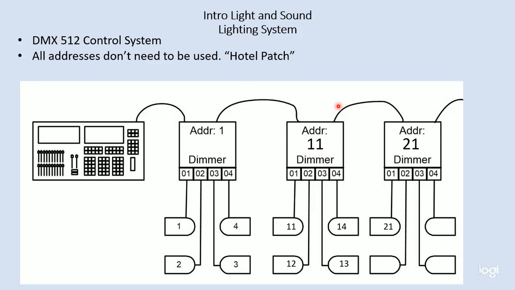This is known as hotel patching. And sometimes it's easier to organize our information rather than trying to remember what all starts with what. I can just remember that my first address is 1, my next address is 11, my next one is 21, and then 31, and so on. And it just can make life a little bit simpler because this is now 21, 22, 23, and 24 for this dimmer pack, right? So that's known as hotel patching.